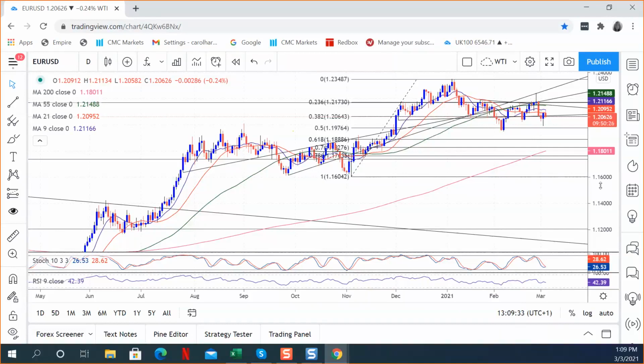Now, we've got the stochastics that have double topped. You can see here, they've double topped. So we've had that move down in there and that move down in the actual currency. I've changed the parameters that I use on stochastics now.